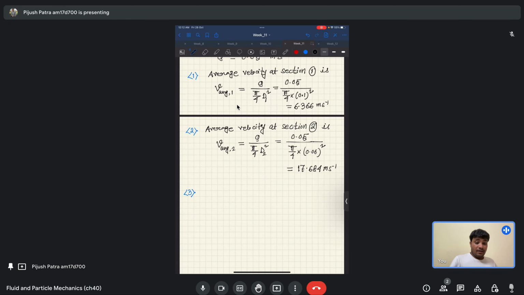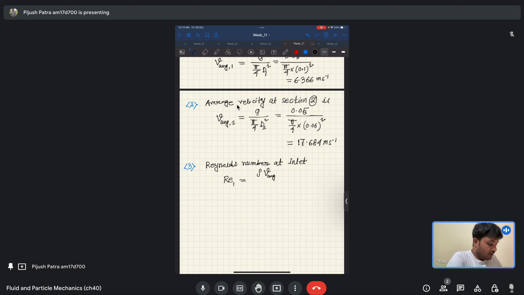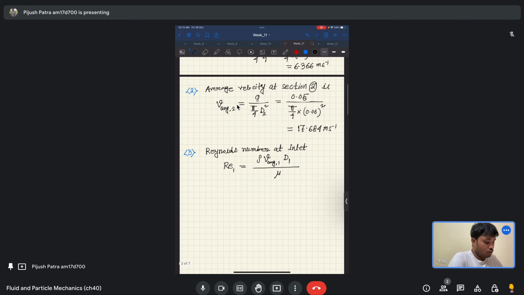Problem number 3 is the Reynolds number at section 1, or the Reynolds number at inlet. Let's say this is RE1. It is rho V average at section 1 D1 divided by mu.